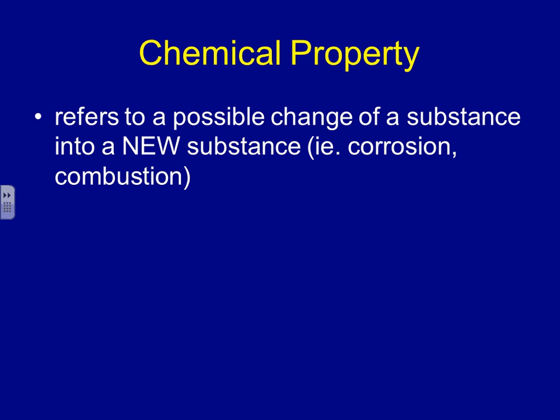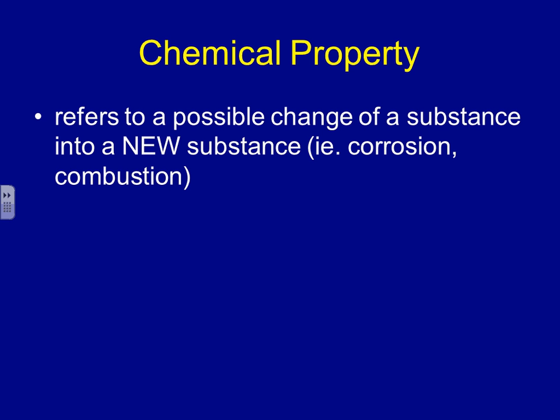Chemical properties refer to a possible change of a substance into a new substance. In a moment, I'm going to talk about physical changes and chemical changes. Students struggle with this, but I find that a chemical property is really the same as a chemical change. The chemical property is describing what could or is going to happen when the chemical change happens.